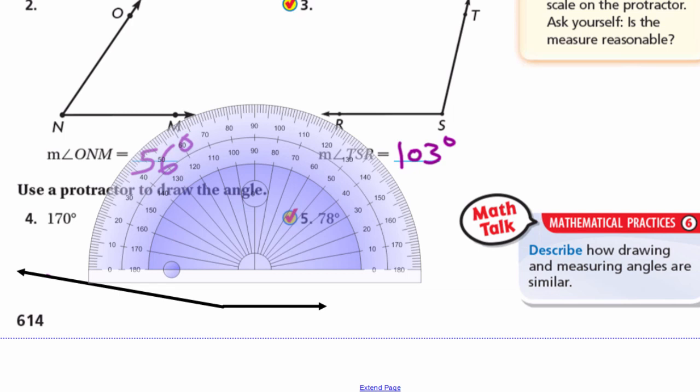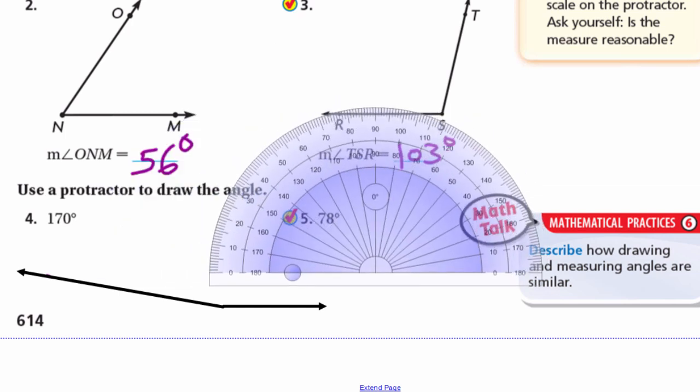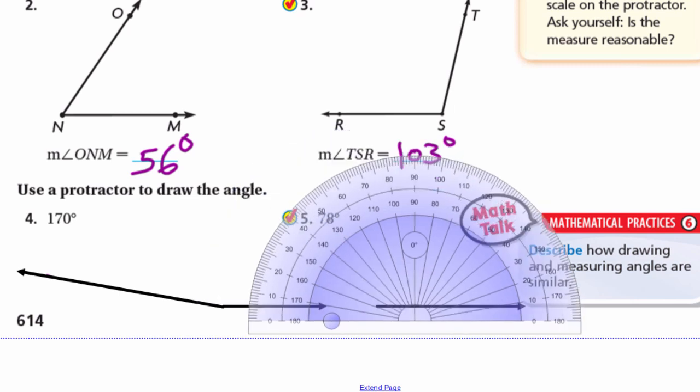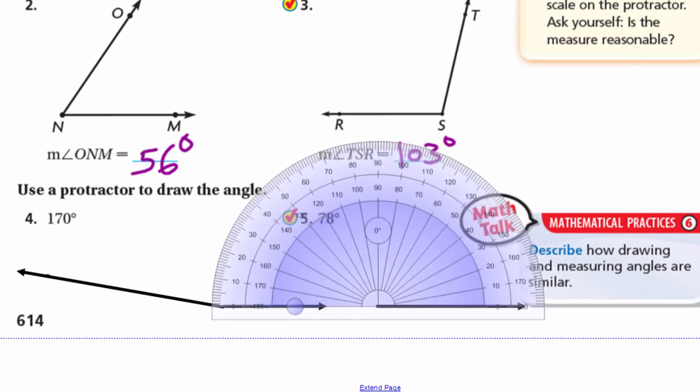Now we want to draw an angle of measure 78 degrees. So first we will draw a ray, and we will place the center of the protractor on the vertex, and align the 0 with the ray, and count until 78.